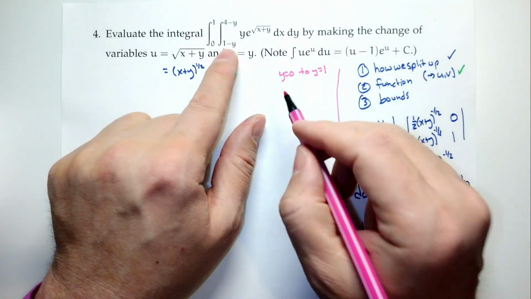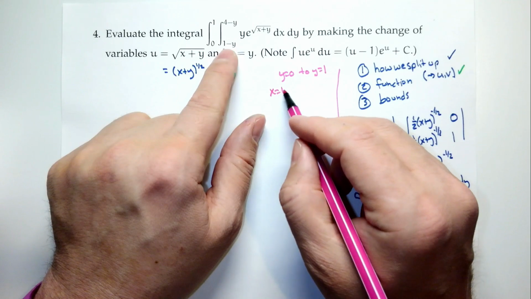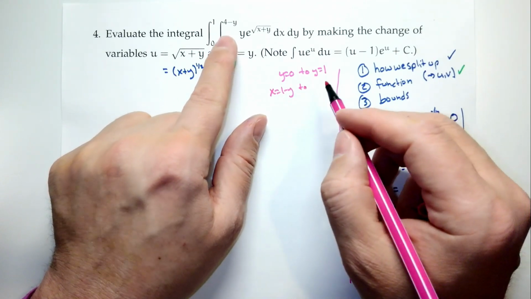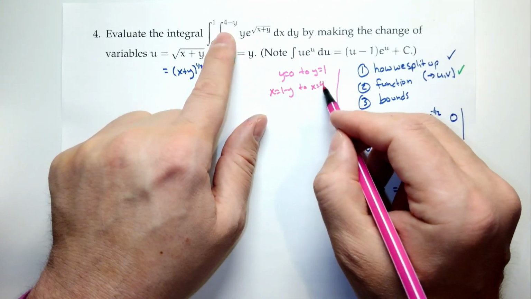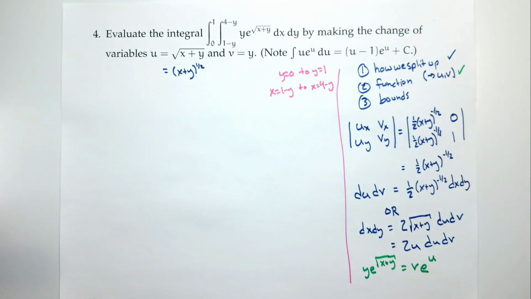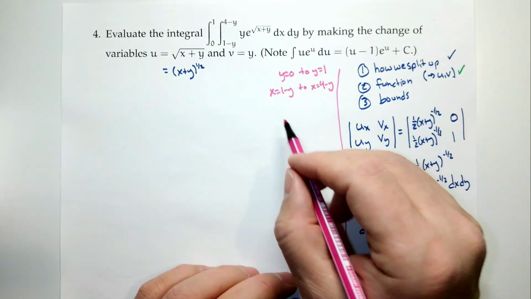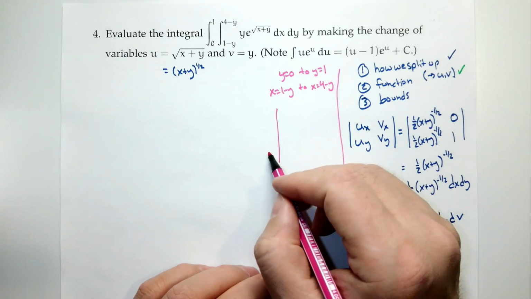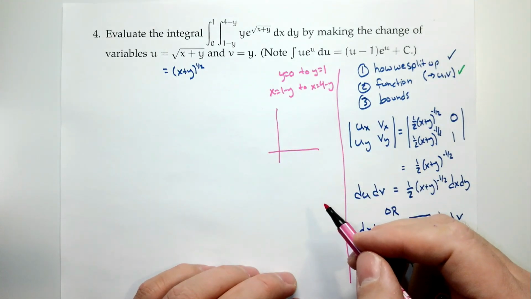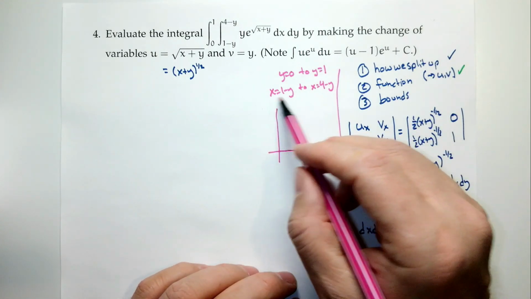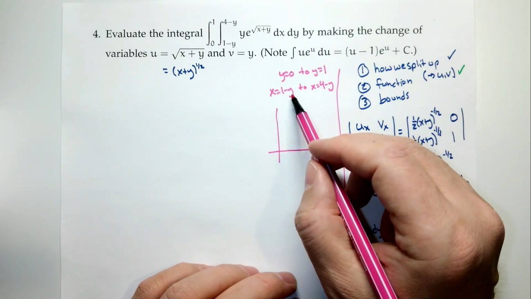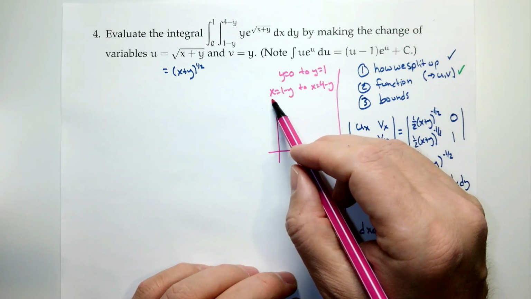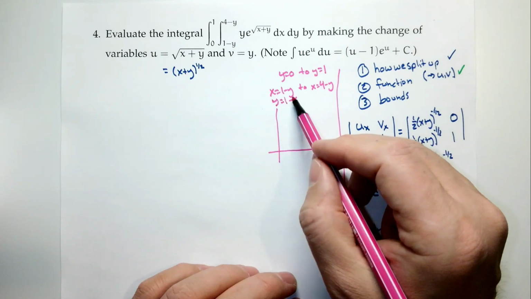And then we go from x equals 1 minus y to x equals 4 minus y. Now, if we do a quick sketch, this curve, x equals 1 minus y, is really the same as y equals 1 minus x.